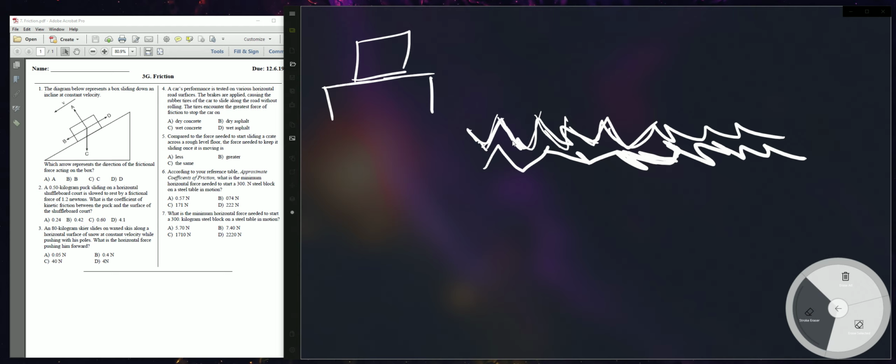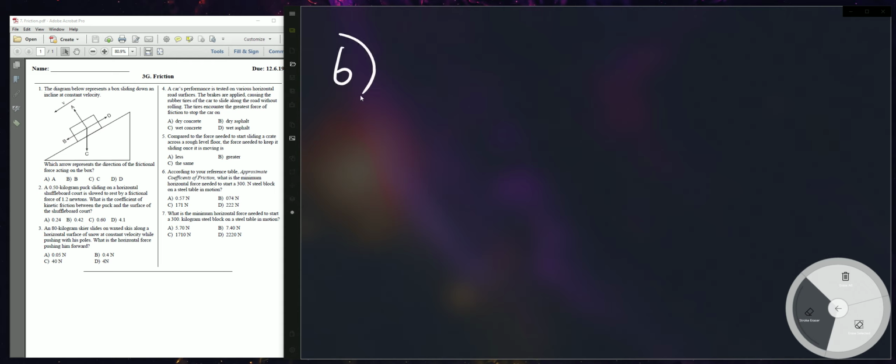When objects are just sitting there, these grooves settle in more, because that settling in is molecular bonds being formed between the atoms. If you don't want to think about it too far, just ignore the atoms part. Just know that it's harder to get something moving than to keep it moving, so you're going to need more force to get it moving.